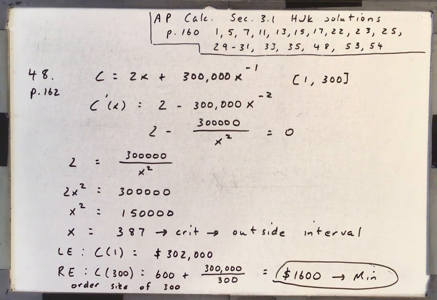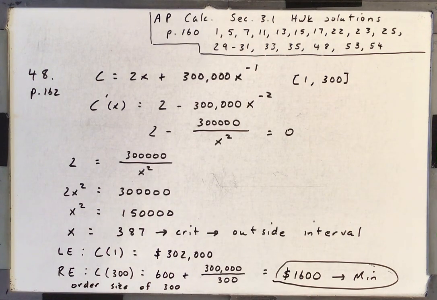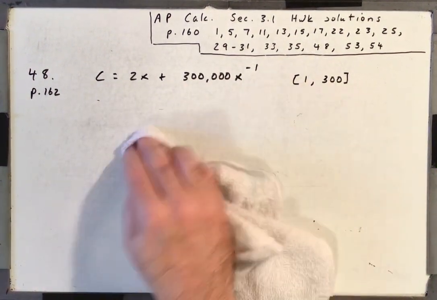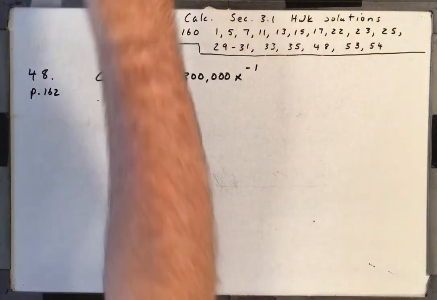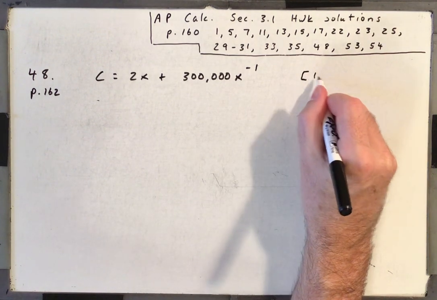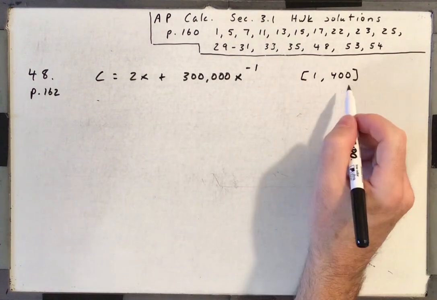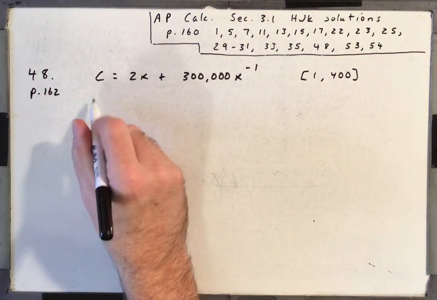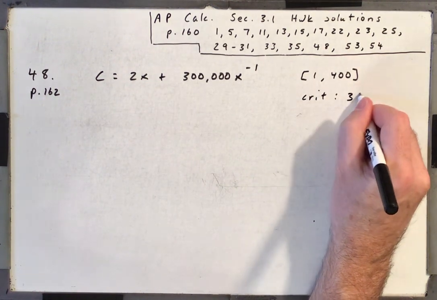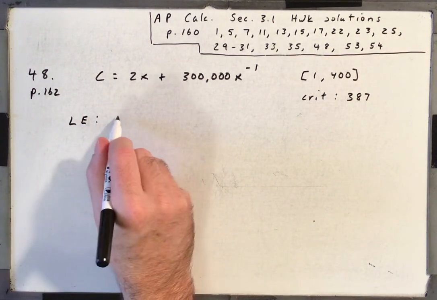Now part 2 of this is, all right, so I'm going to go ahead and erase this. We're going to use a lot of the same stuff, but the interval is between, it says the truck could bring 400. So in that particular case, the critical point is 387, so we have to look at that because that's in the interval. So the left endpoint doesn't change.